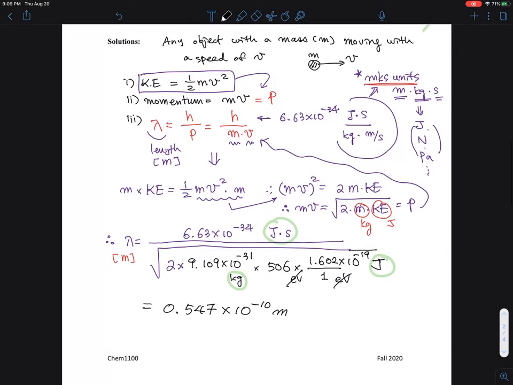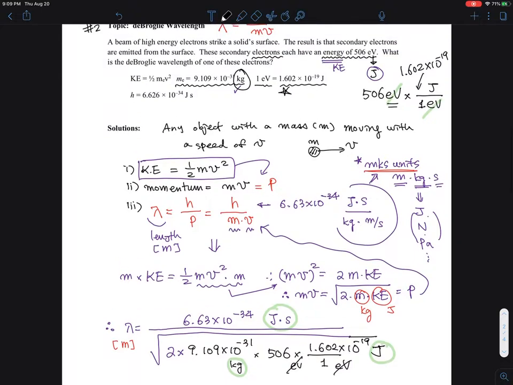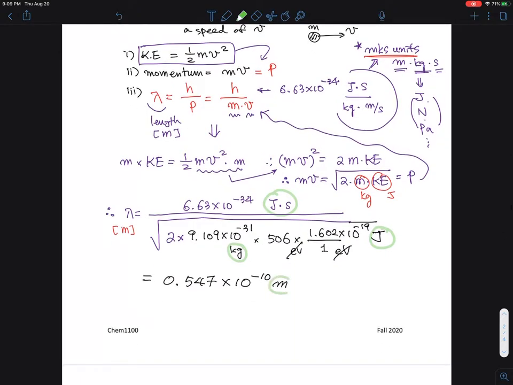That's the number, and what de Broglie wavelength do they ask for? You probably want to change this into nanometers. A nanometer is 10 to the minus 9 meters, so you have an extra factor to multiply: 0.547 times 10 to the minus 1.